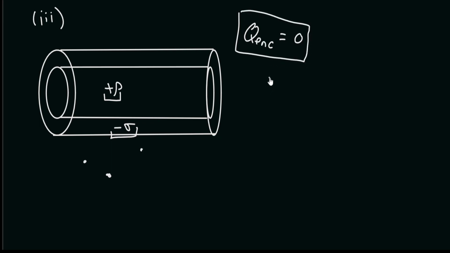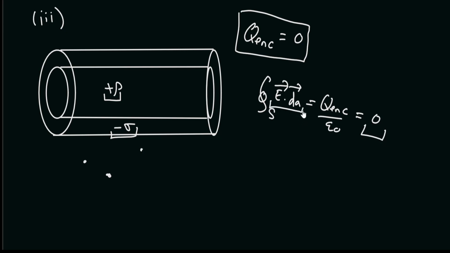Now, for Gauss's law, the integral of E dot dA will be charge enclosed divided by epsilon naught, which will be 0. So if an integral evaluates to 0, then the integrand must be 0. Therefore, the electric field must be 0. This is the answer for the third and the final case.